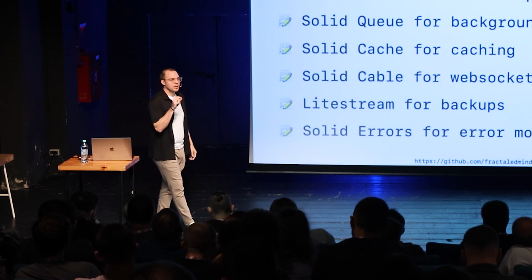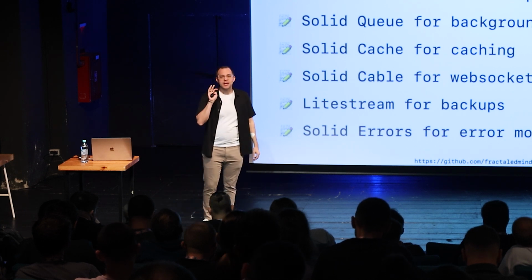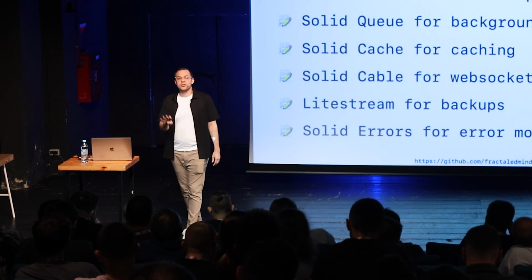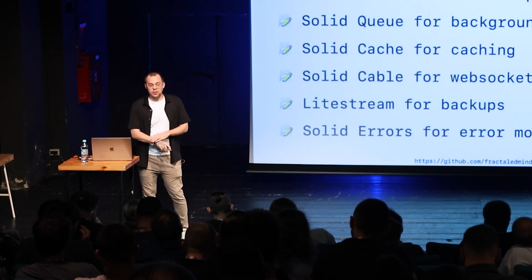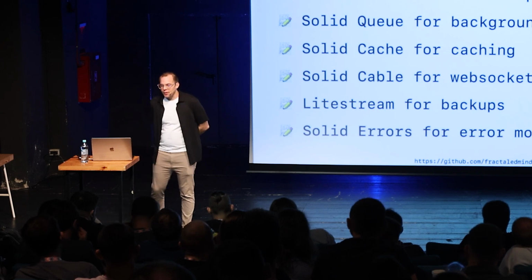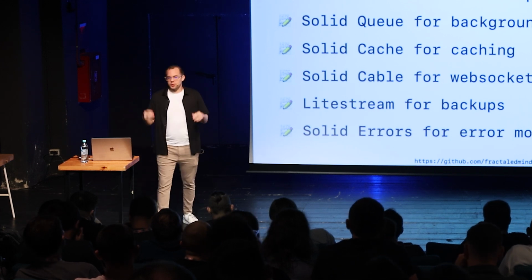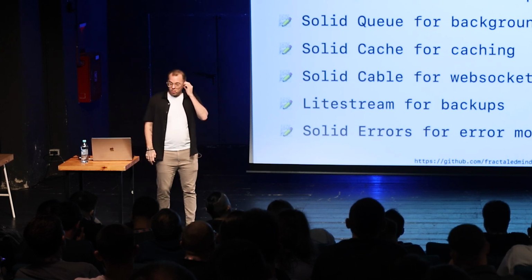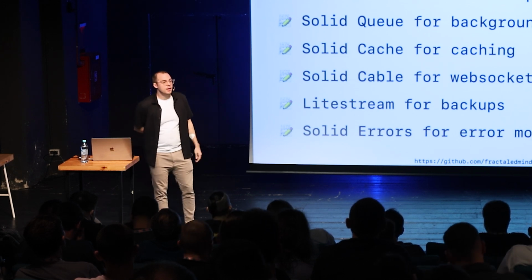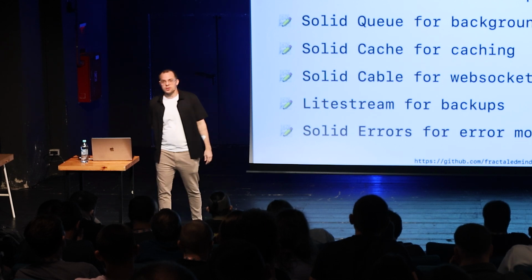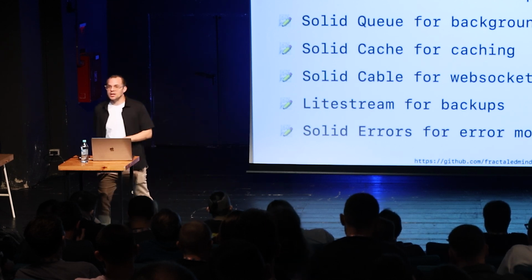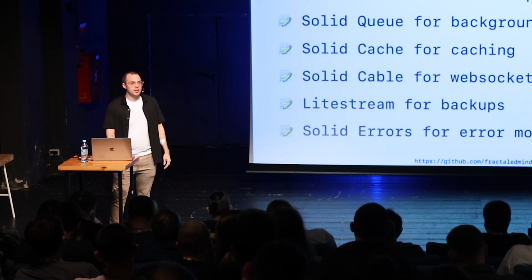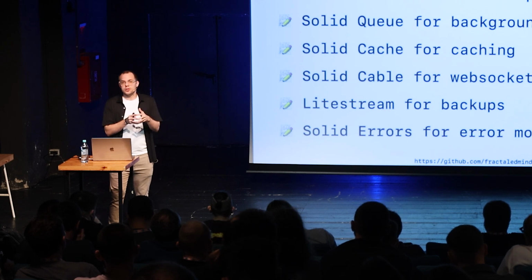It's then going to get Litestream set up so that you have a data backup procedure in place. And we're going to talk more about all the tools that are available there. And then finally, and optionally, all of this is optional, but by default, it's going to install and set up another gem that I have built, sort of inspired by the Solid gems, Solid Errors, which is a local error monitoring tool.